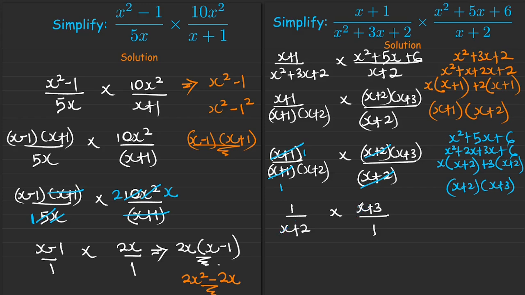We cancel factors and not sums and differences. So 1 multiplies this whole numerator to give us x plus 3 all over, then x plus 2 also multiplies 1 to give us an x plus 2. And this becomes the final answer to the simplification we have over here.